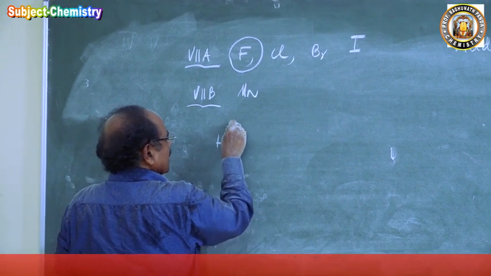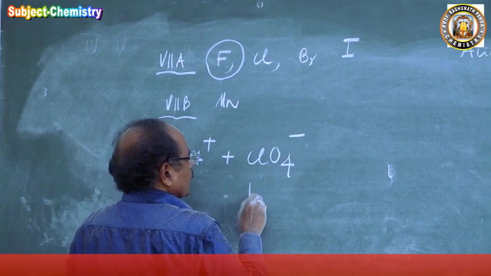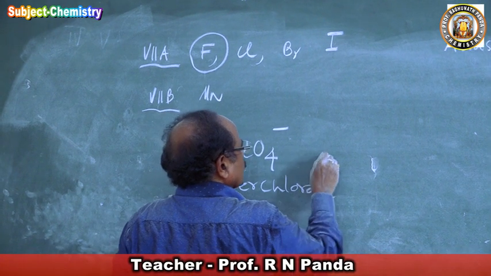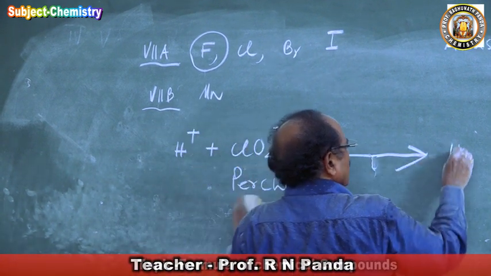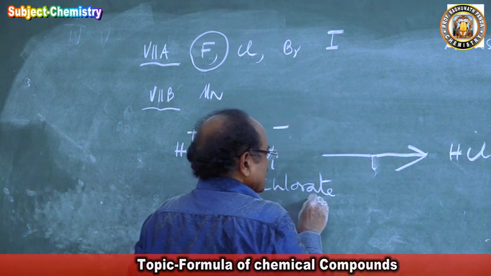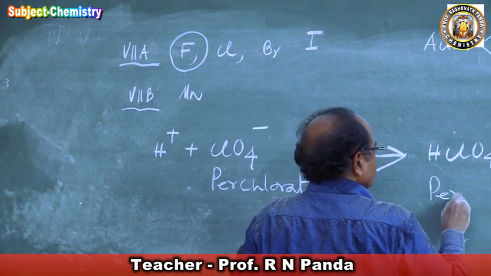So H plus ClO4 minus. If you remember, ClO4 minus is perchlorate. So what will the formula be? HClO4. Perchlorate minus ATE plus IC acid, so perchloric acid.